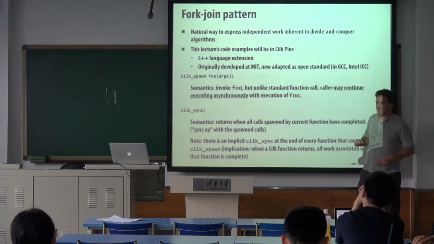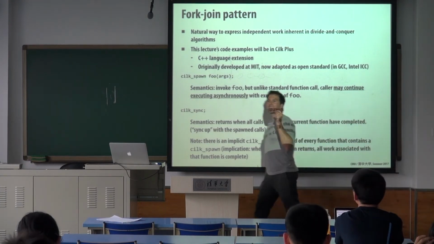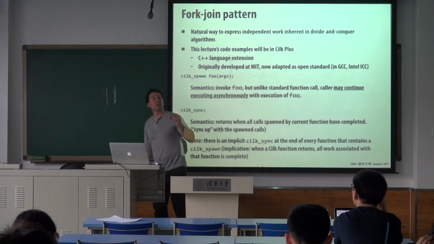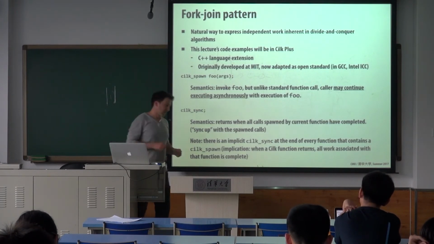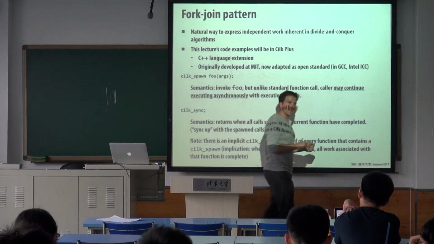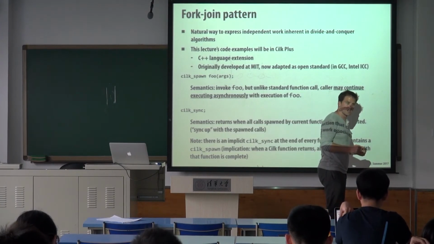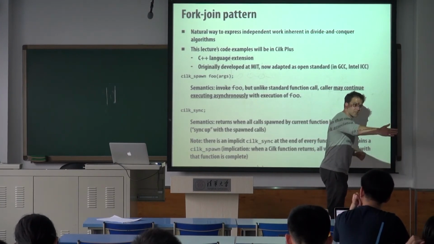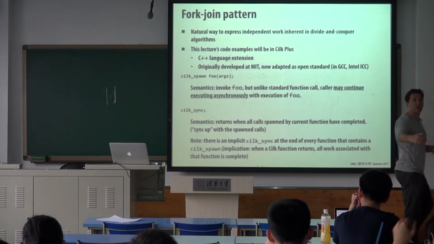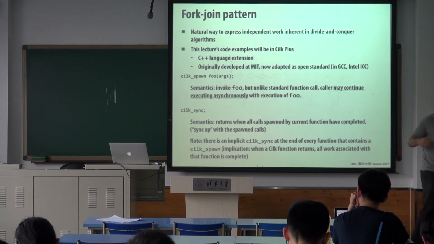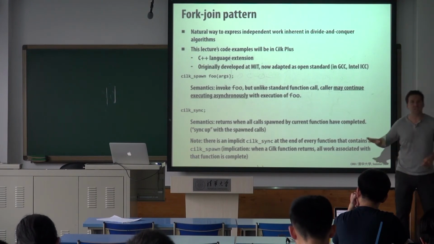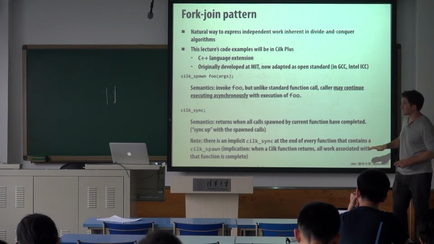Spawn foo means foo can be executed in parallel with the current function. So if I'm running my thread and I say spawn foo, foo might start running and I keep going as well. That's the difference between a regular function call and a spawn function call. And that's the only change in this system.